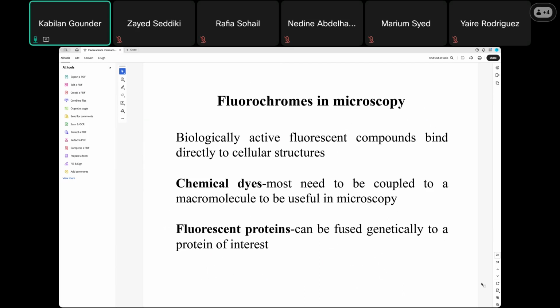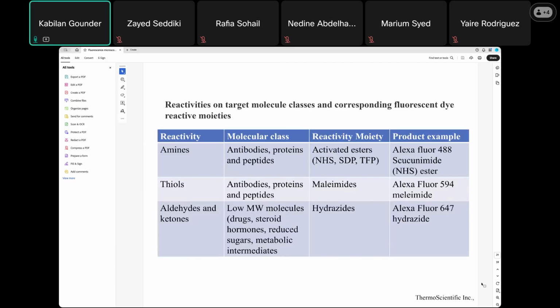Also, we can study the fluorescent proteins, which can be fused genetically to a protein of our interest. So we know how we can conjugate these with the different dyes or fluorophores.